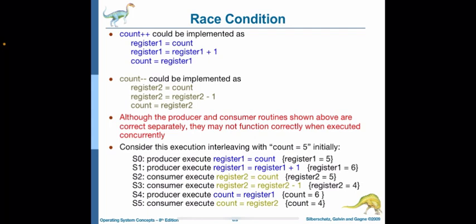If the last turn was for the producer, the final value would be 6 in the count, right? So that is actually data inconsistency. The value should be 5, but instead of that, because of interleaved execution of producer and consumer, the value could be either 4 or 6, right? This situation is called a race condition.